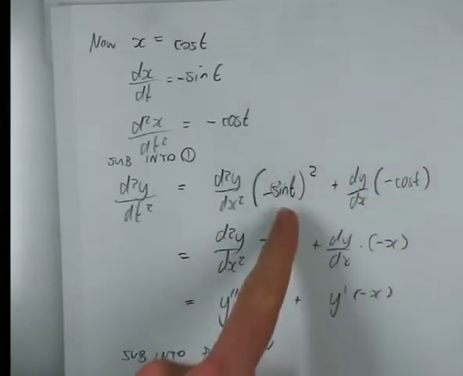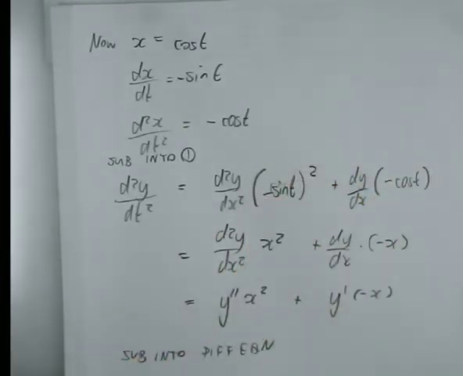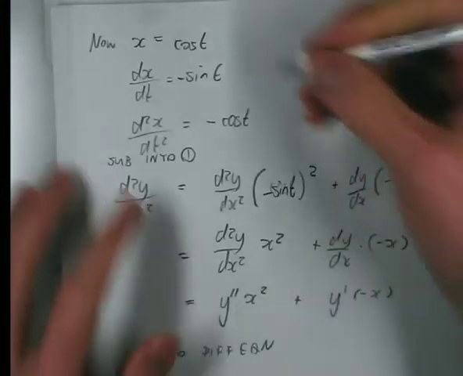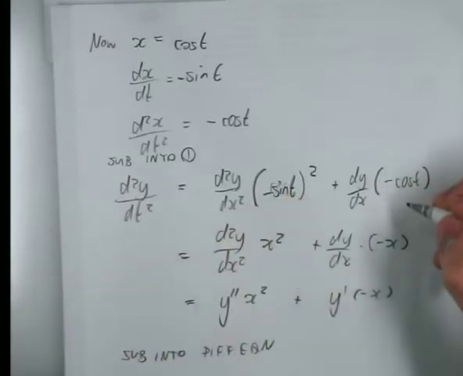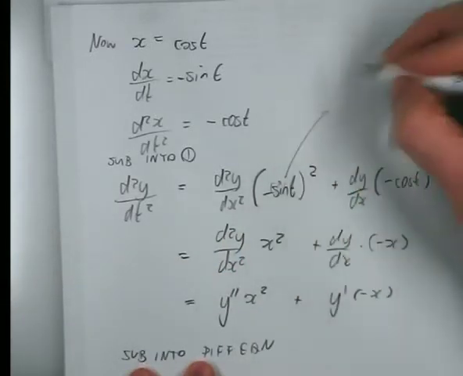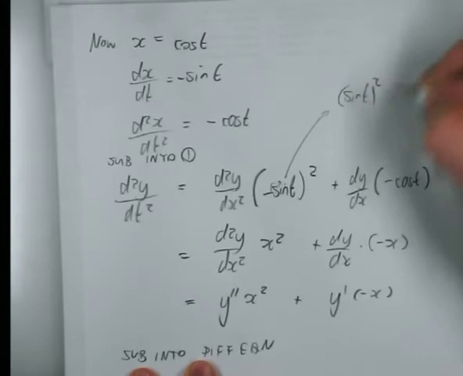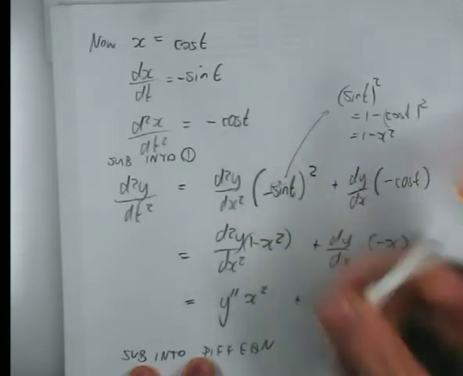So, sine t squared, the minus will get squared, so it'll go away, so I'll get sine squared t. Okay? And so sine squared t would be 1 minus cos squared t, which would be 1 minus x squared. Yay! Thank you.